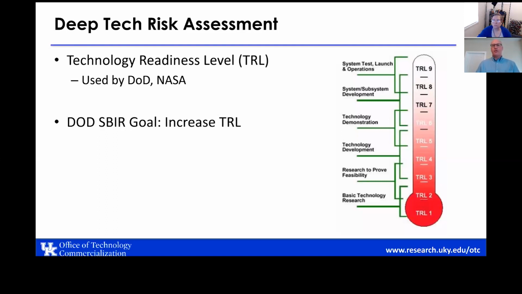Your technology is going to be at a 5 or 6, somewhere in that range. In order to move it up to the 7, 8, 9 level, you need to be working with prime contractors, and your technology needs to get integrated into that larger system. That is a really key part of how the DoD SBIR program thinks about this, and they'll talk about TRL level a lot in their SBIR program.